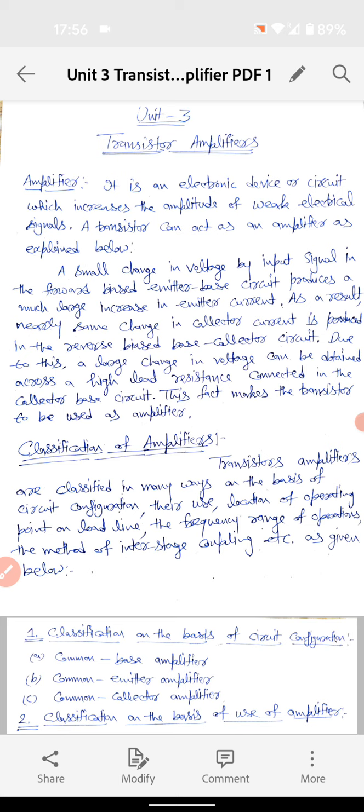Suppose in any transistor, we apply a small input signal, a small change in the input signal in the forward bias emitter base circuit.